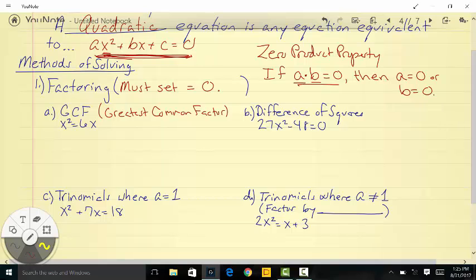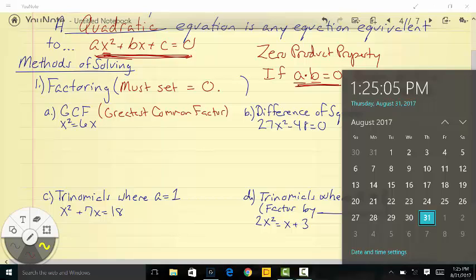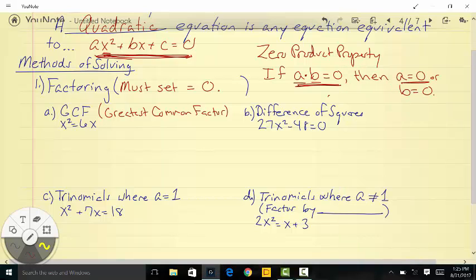The only way to multiply two numbers and get 0 is if one of those two numbers is 0. So either A is 0 or B is 0. So that's why we're going to use factoring. Factoring is the process of rewriting an expression as a multiplication of two other expressions.